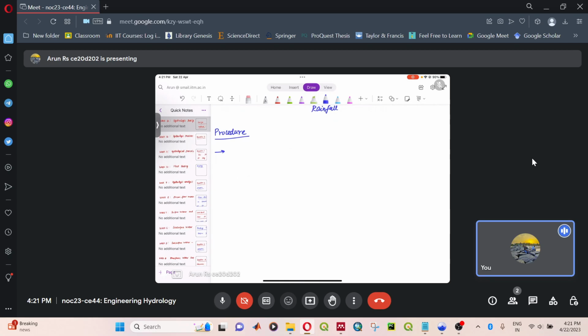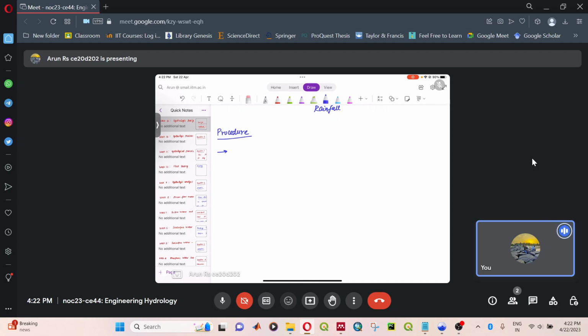So before applying the rational method, we need to have the intensity, duration, frequency curve, which you might have studied in the hydrological statistics module. So to obtain the IDF curve, I'll briefly explain how to obtain this here. I'm not going into the details because it is out of the scope for this particular subject.